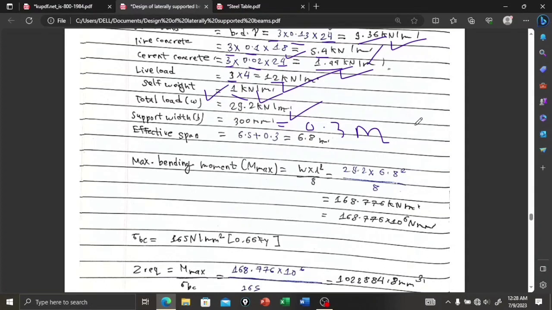Maximum bending moment is WL square by 8, so it is 168.776 into 10 power 6 Newton mm. Sigma BC is 0.66 Fy, 0.66 into 250 is 165.